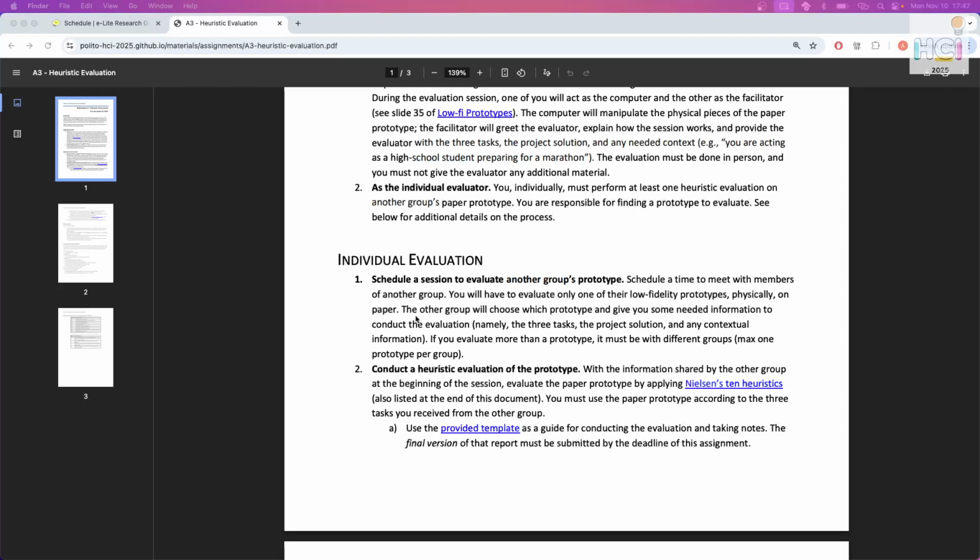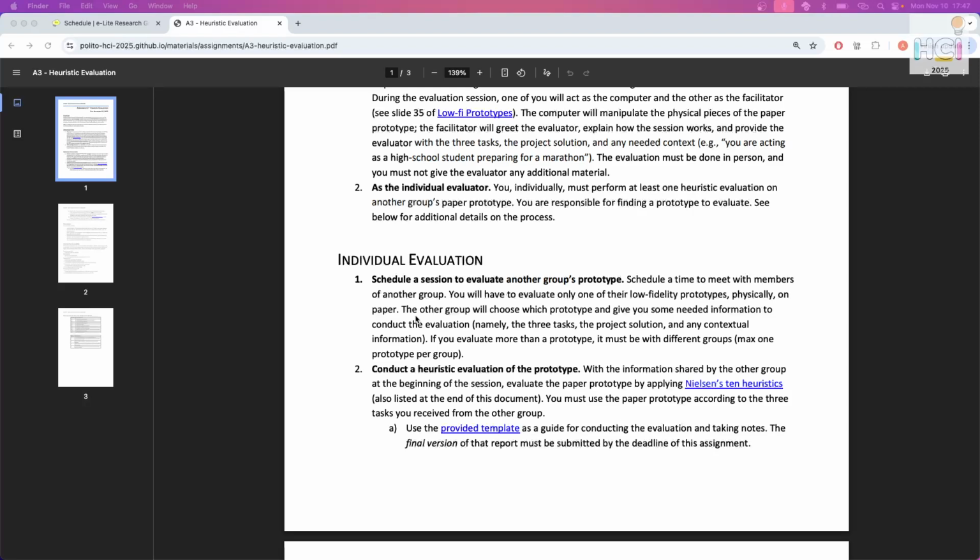And that's very important because last year we had some problems with some groups showing, for example, the high flow diagram to the evaluator. That's methodologically wrong, and you will get 0 point for that part if you do that. Okay, and of course the computer guy cannot give any indication on how to solve the tasks.